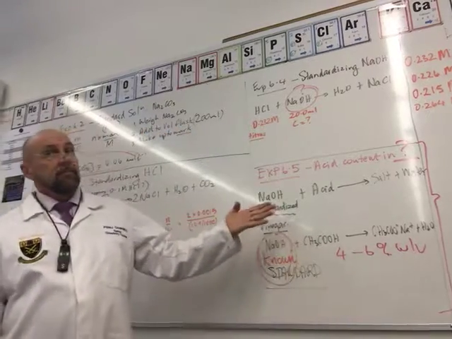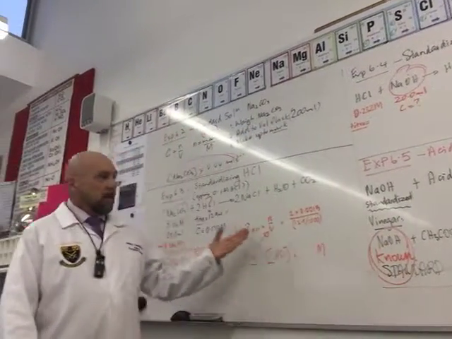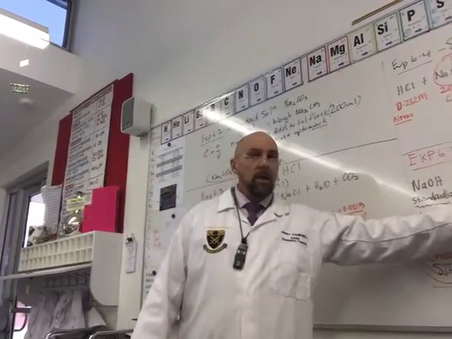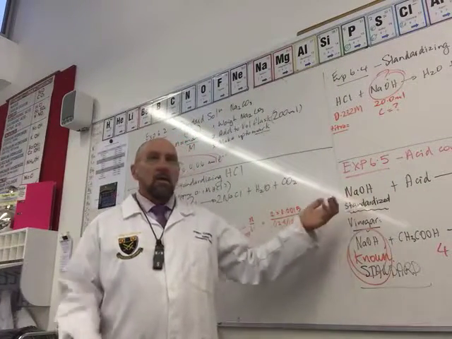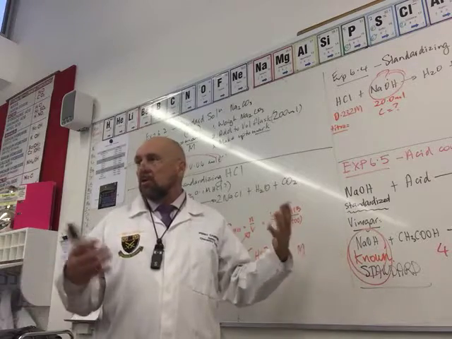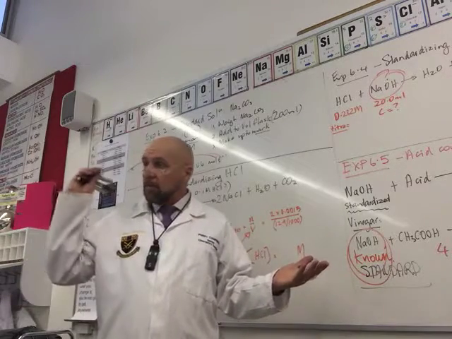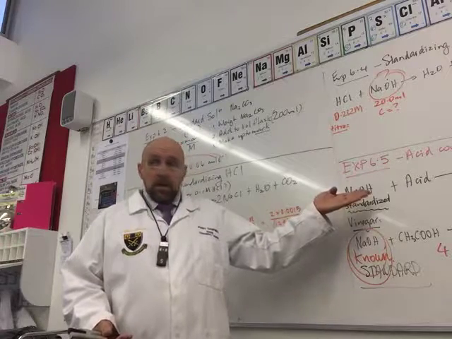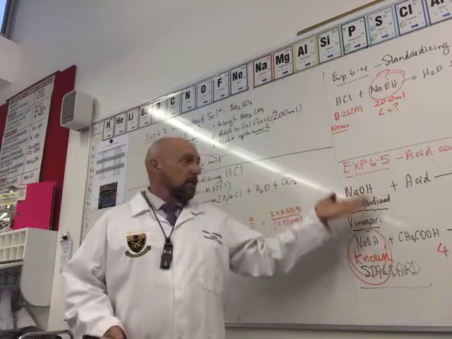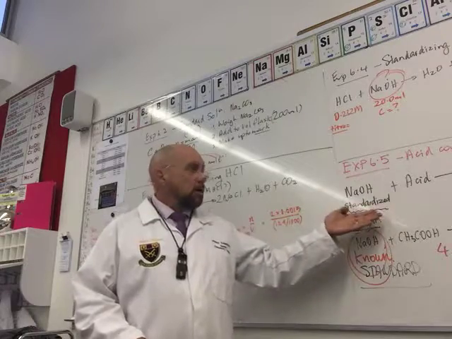So, to clarify it again, we were really trying to get to this point here, but we couldn't because I can't just make up sodium hydroxide and use it like I can with sodium carbonate. It's got water in there. So I need to standardise the sodium hydroxide. How did I standardise the sodium hydroxide?